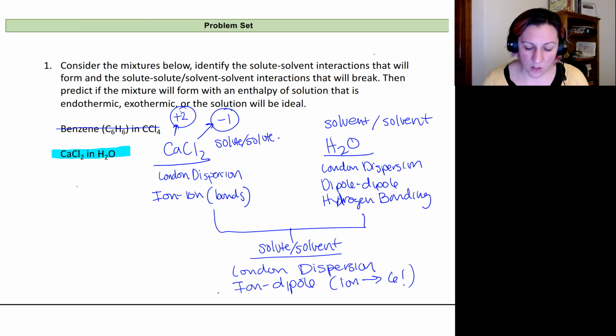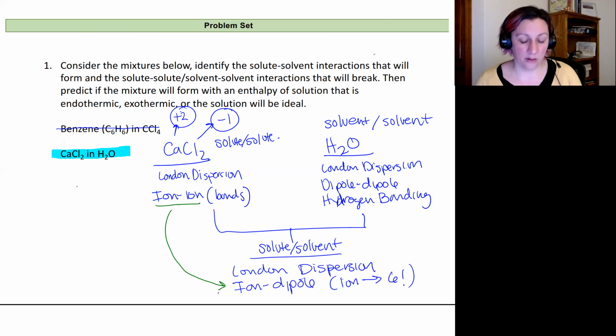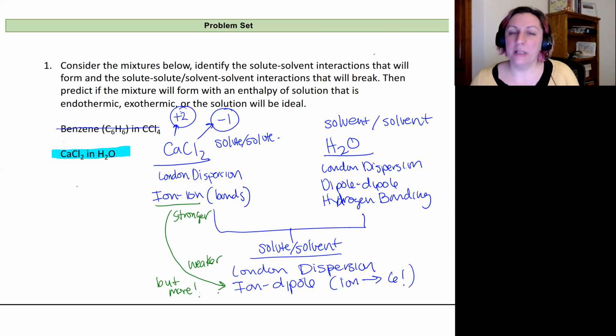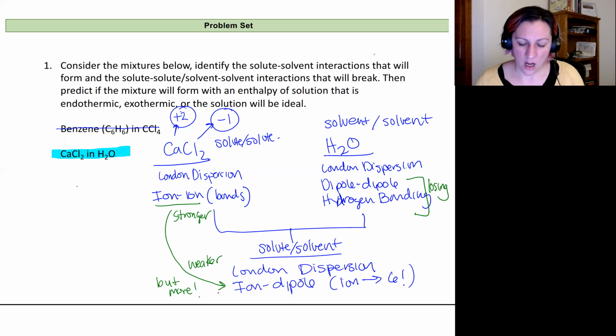So I think overall, when we go from our ion-ion to our ion dipole, we're going from a stronger to a weaker interaction. But we might be forming more ion dipole interactions. So it's kind of a balance. Then when we look at water, we are losing our dipole-dipole interactions and our hydrogen bonding interactions, but we're gaining a stronger interaction.